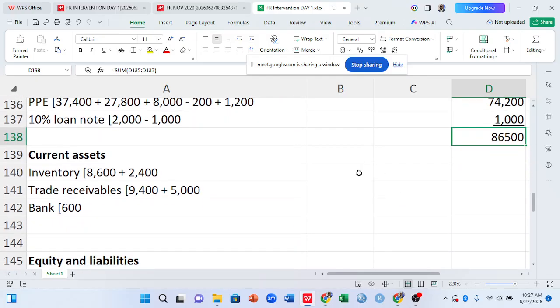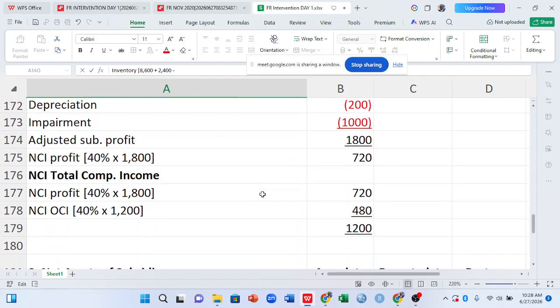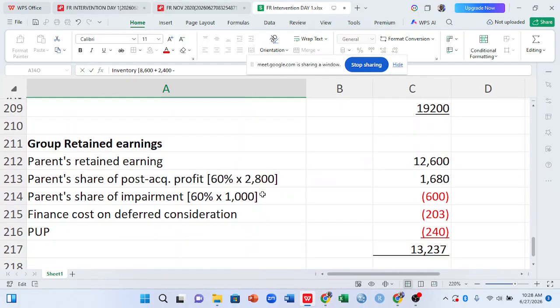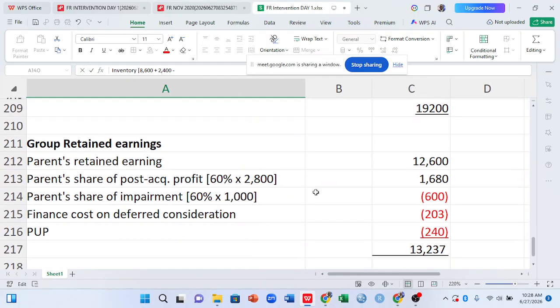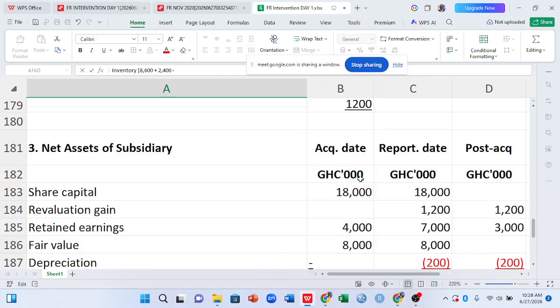Then we come to the current assets and see if there's anything that will affect this aspect. Number one, inventory. Remember your provision for unrealized profit will affect it. We recorded that in the group retained earnings, so we'll pick it up. The provision for unrealized profit was 240.